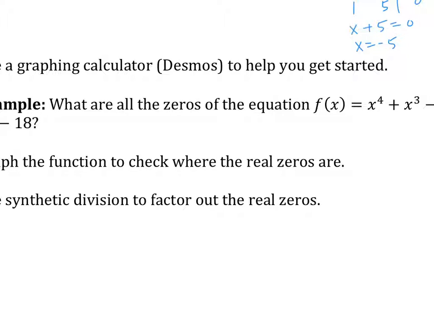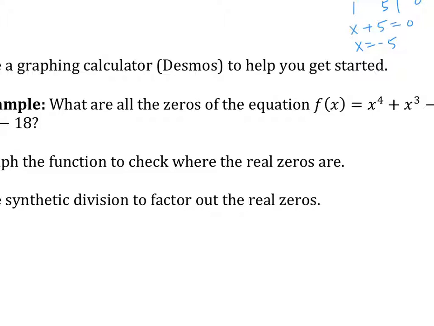So go ahead and graph on decimals. You can always use P over Q, it's just going to take a lot longer to guess. Once you graph and you know what the zeros are, can you tell us?